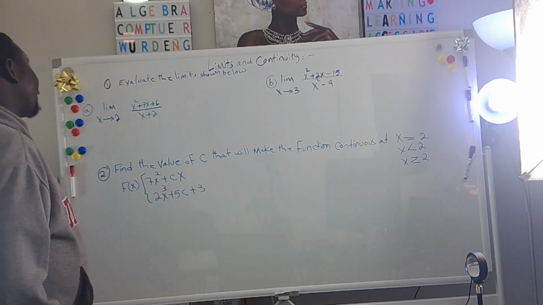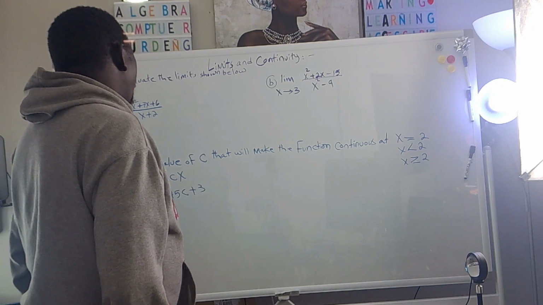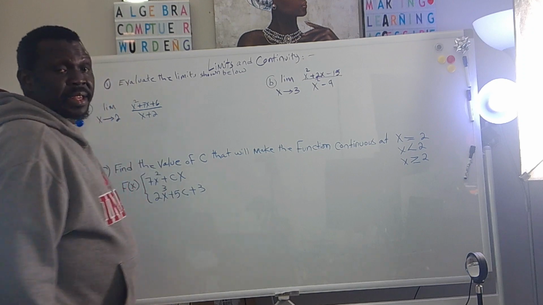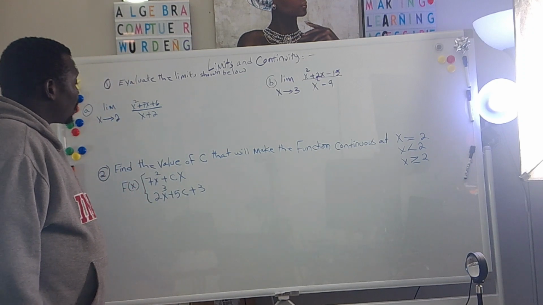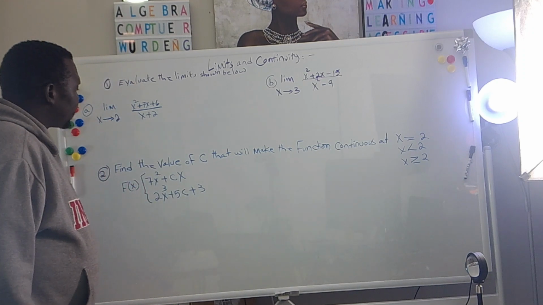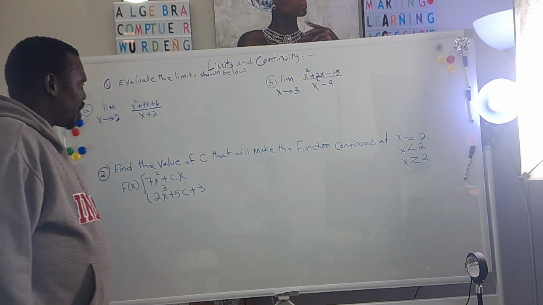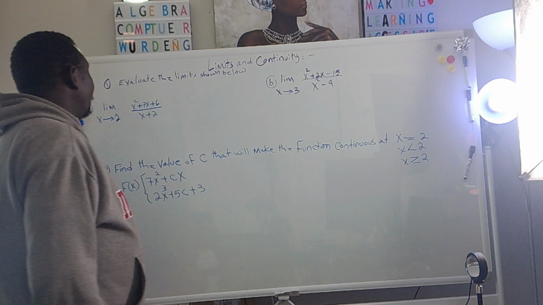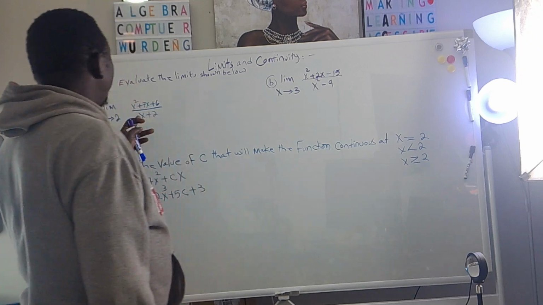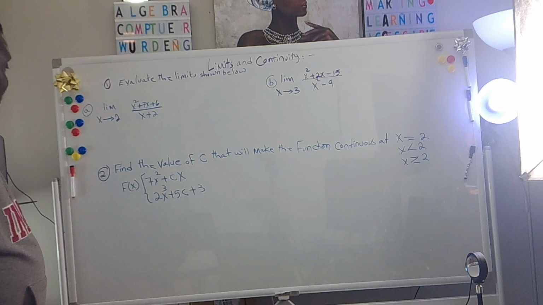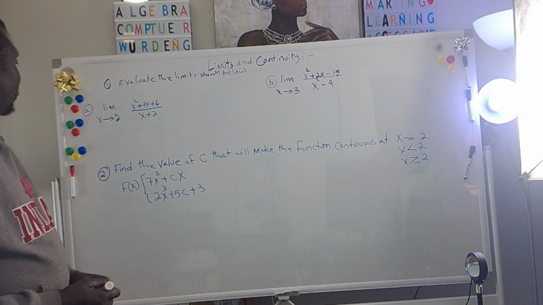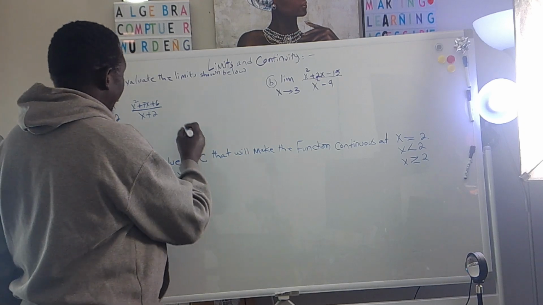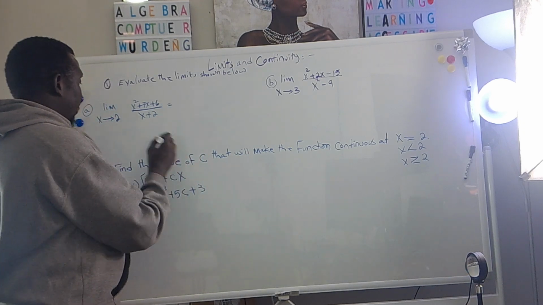What you see here, somebody who knows this just sees it. When we don't have any subtraction here, just addition, then we know we can use substitution to solve this problem. Now I go straight to substitution.